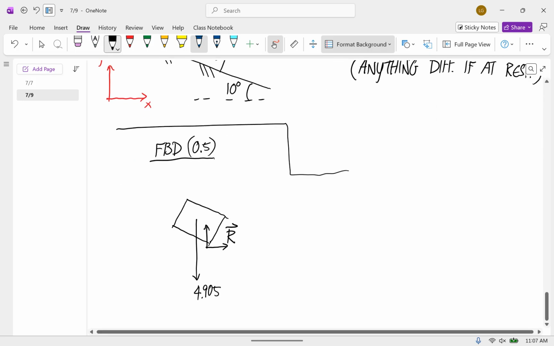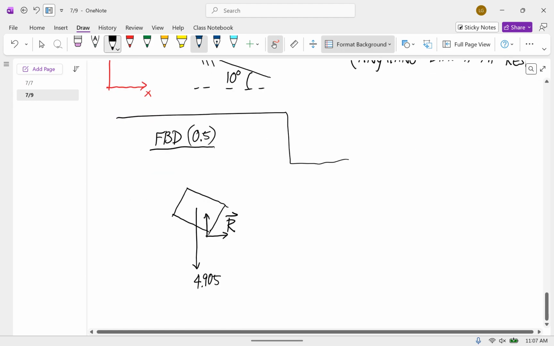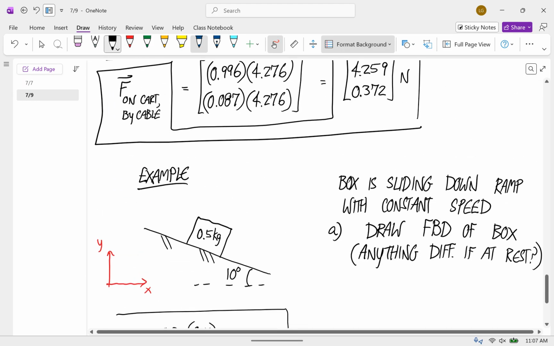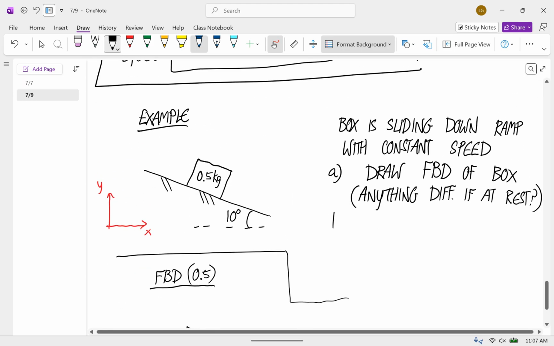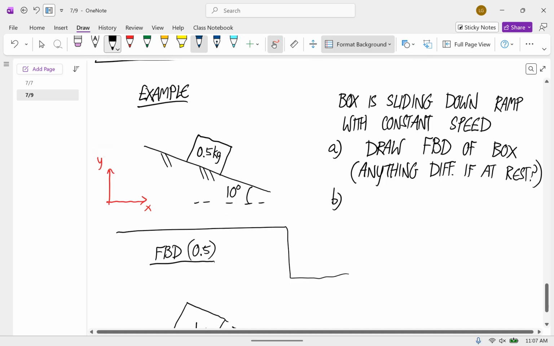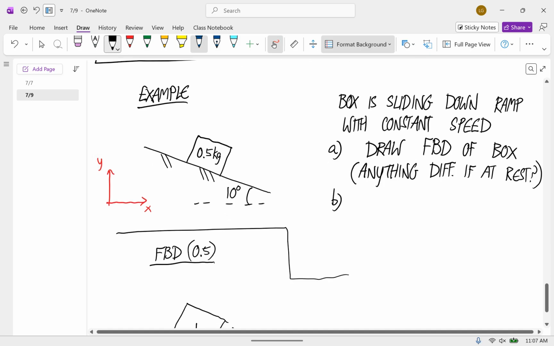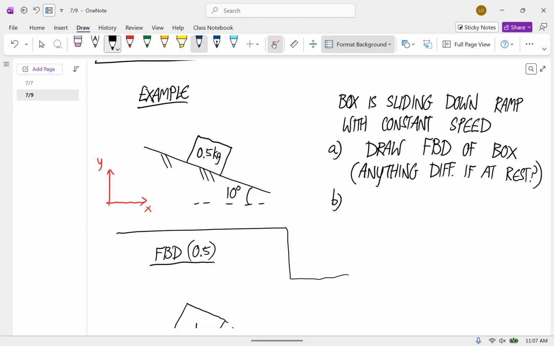So now take a few minutes and see if you can calculate. Oh, I haven't told you what to calculate. See if you can guess what I'm going to ask you to calculate. Oh, and then before we get into that, is anything different with this problem? So I said that this is sliding down with a constant speed. Is anything going to be different about this problem if that is at rest there?